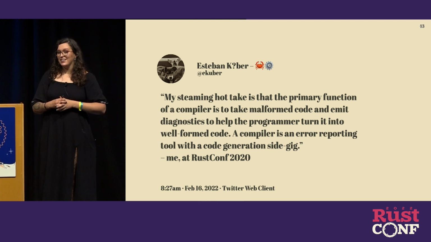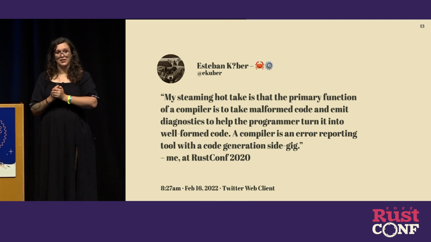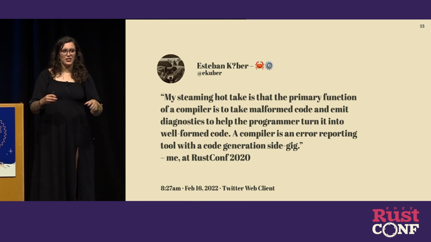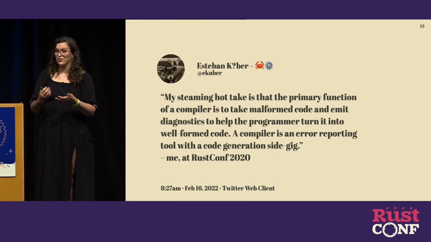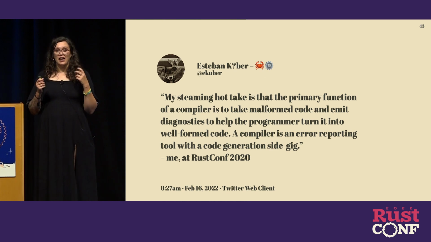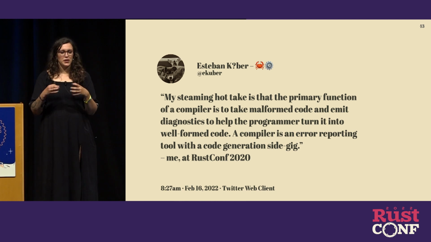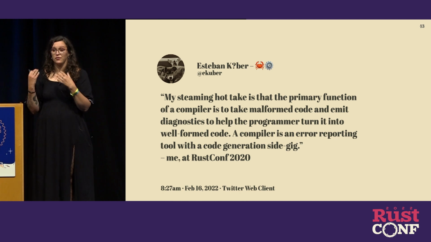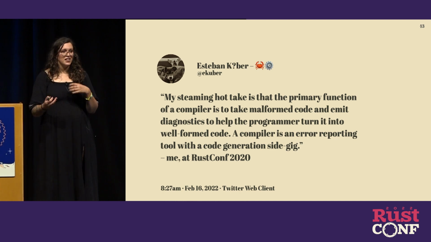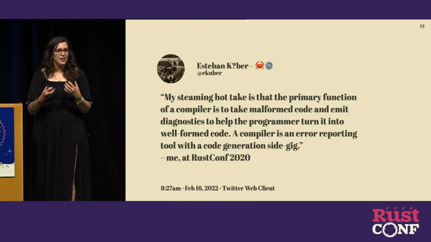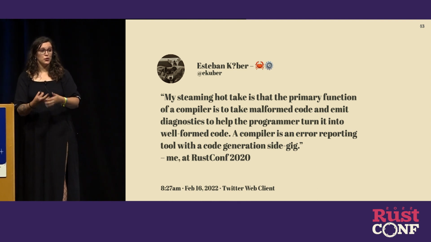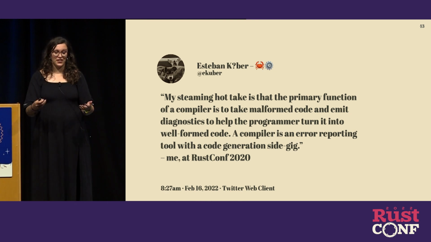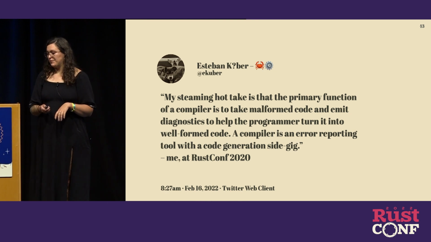And I actually really liked this, and it is from a talk that Esteban gave at RustConf in 2020, a really good talk if you would also like to have another talk about compilers. What I really like about this tweet is that the way we thought about Apollo compiler really fits with this as well, because given malformed GraphQL, we want to provide diagnostics and walk the user through how they're able to fix this sort of malformed code.